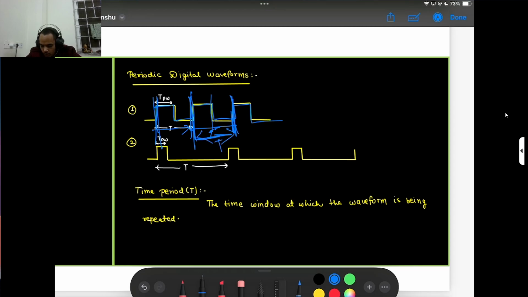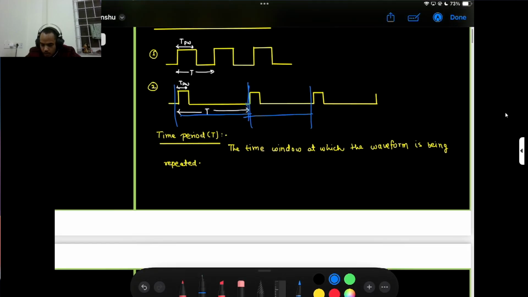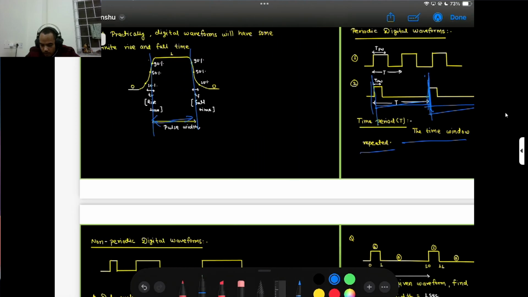This is basically the periodic digital waveform, and here again is another clock cycle. Time period T is the time window at which the waveform is being repeated. If I take this window, the signal will repeat again, and the same window reflected here, my clock will repeat again.